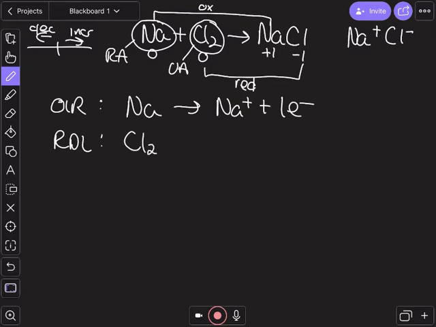It is going from 0 to -1, so I write Cl plus 1 electron goes to Cl minus. Now this is the line that we just said on the top of page 107 in mine. I have 2 chlorines here, but I only have 1 on this side. So I have to increase this to 2, and I have to turn this into 2 electrons. Everybody with me to that point?